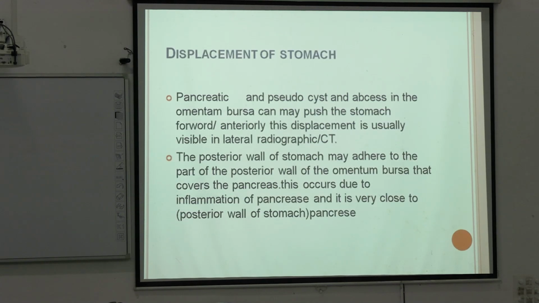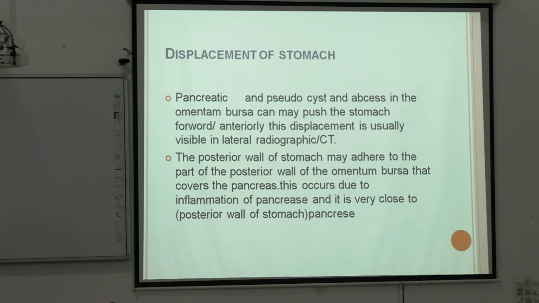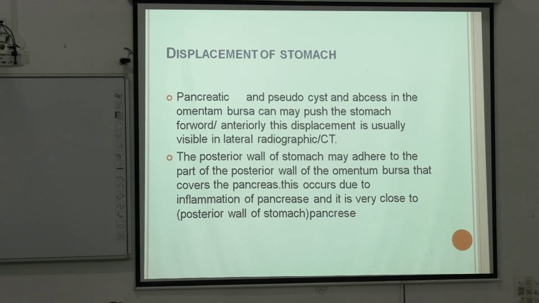Okay, next. Now, displacement of the stomach: pancreatic pseudocysts and abscesses in the omental bursa may push the stomach forward anteriorly. This displacement is usually visible in lateral radiographs or CT.